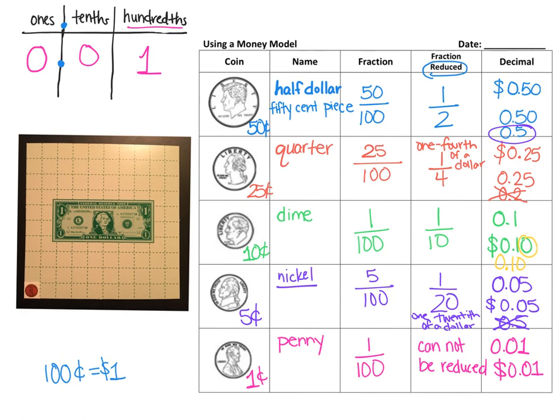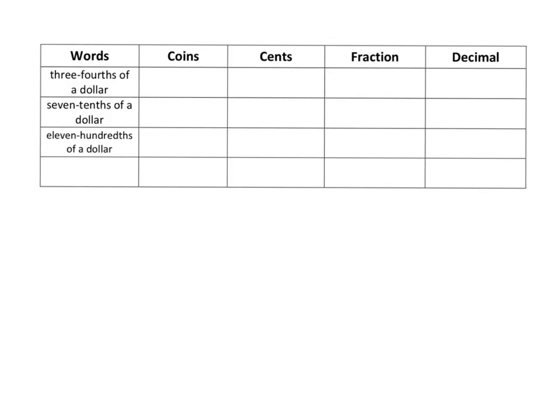All right, I know that took a while, but it's really important that we understand how these money mats work. Based on what we saw earlier, we're going to move on and answer these questions. So, if you hear someone say 3/4 of a dollar, what are you going to be thinking about?